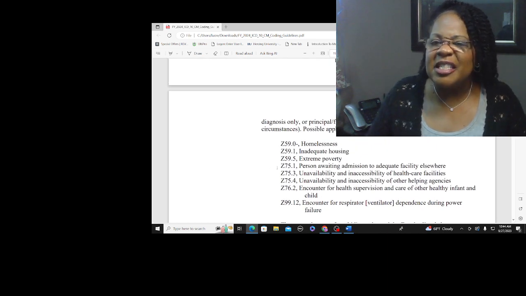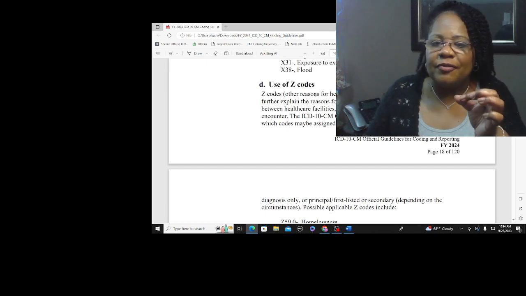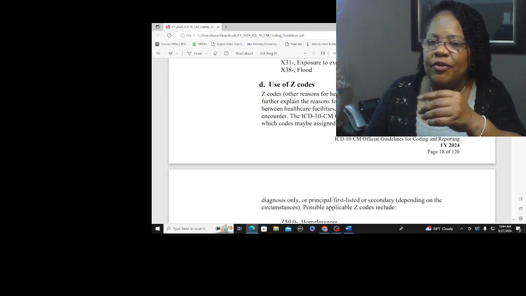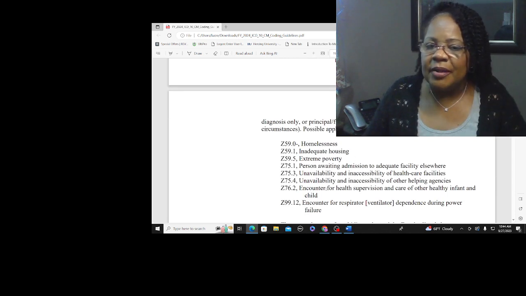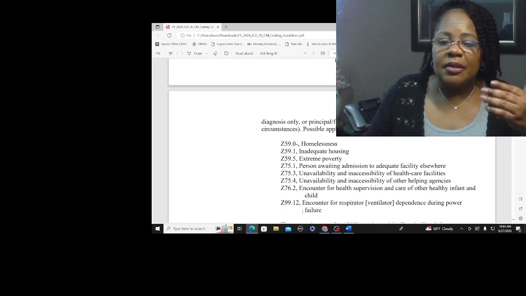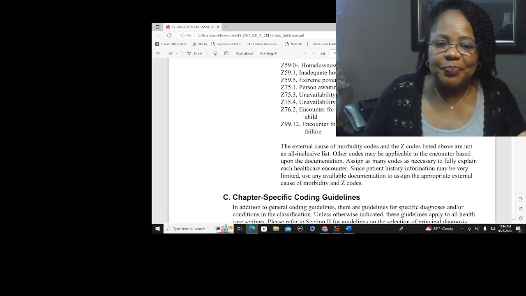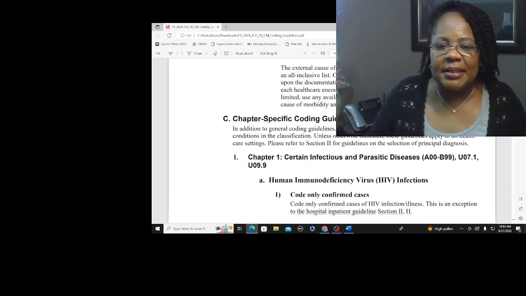So can you see how these Z codes tend to be a little different? They are other reasons for healthcare encounters. They're not actual diagnoses, but they're other. But it justifies healthcare services. So we need to code them. All right, let's see.